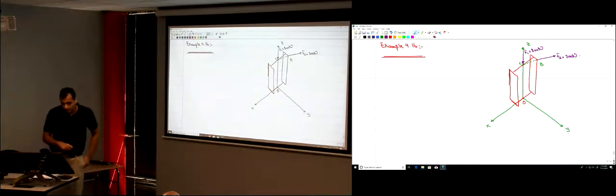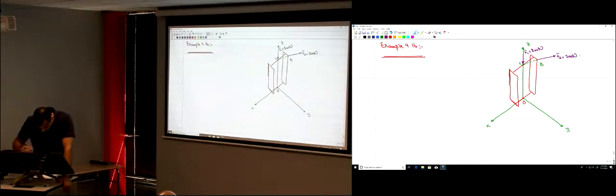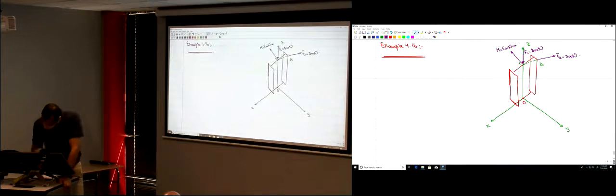And then there is a moment in this direction, about this axis. So here we have an M of 500 Newton meter.